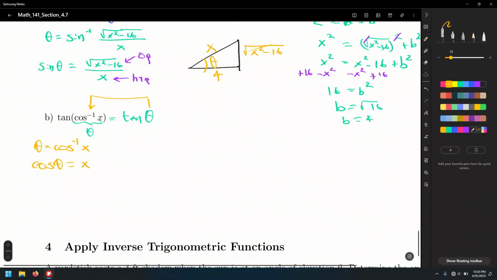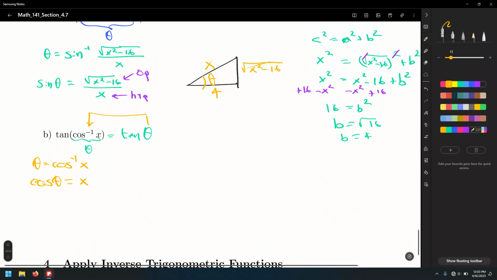But hold on, how do we construct a triangle in this case if we just have the quantity x right here? In the previous example, we had the quotient of the quantities in which sine was the ratio of the opposite over the hypotenuse. Here we don't have a rational expression. Well, actually, we do, because this x can be rewritten as a fraction, x over 1.